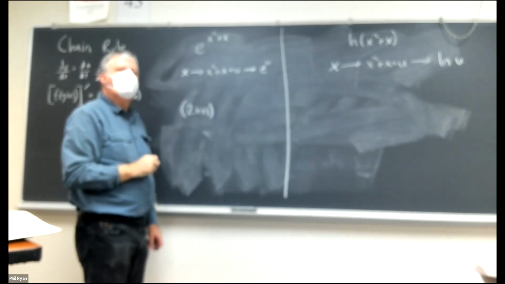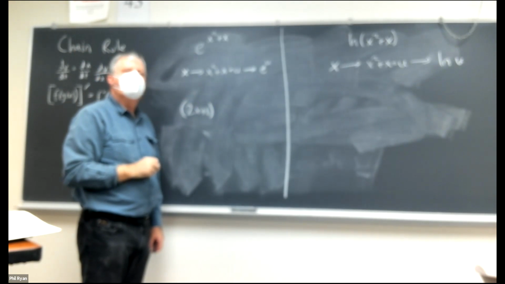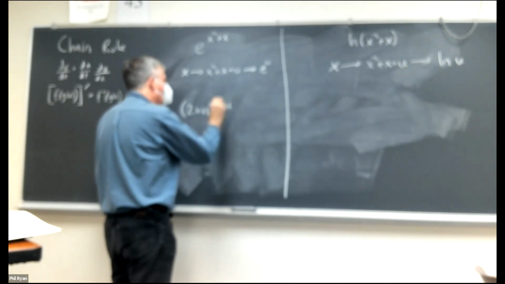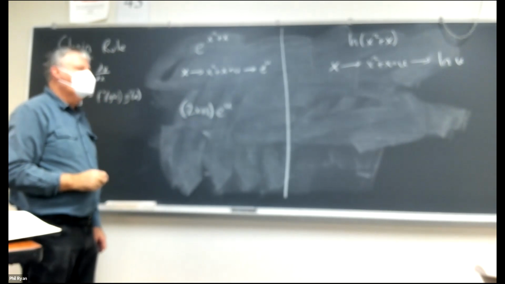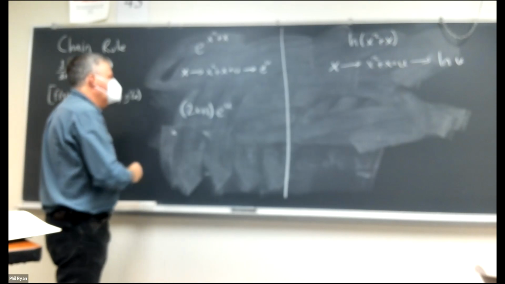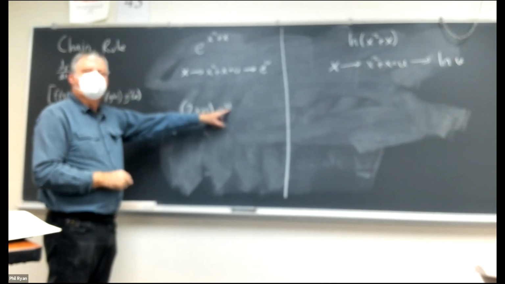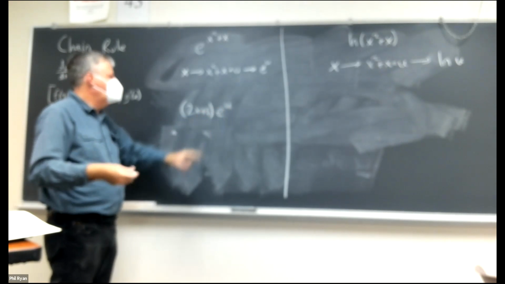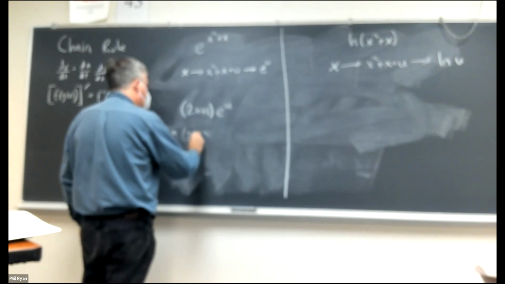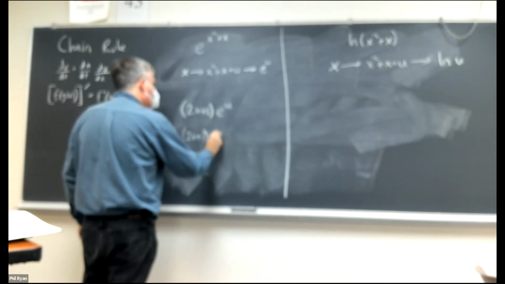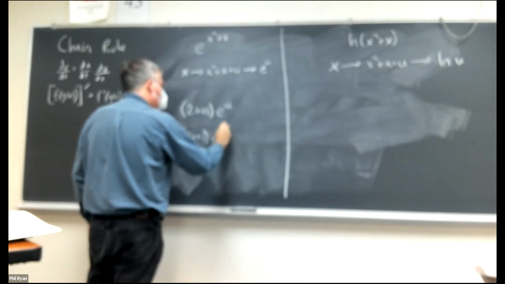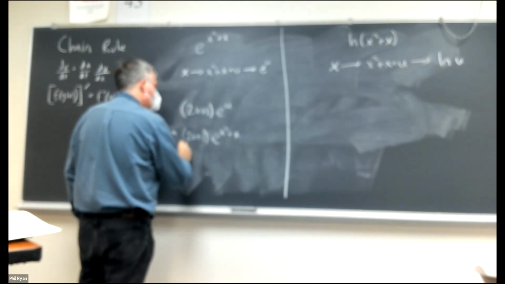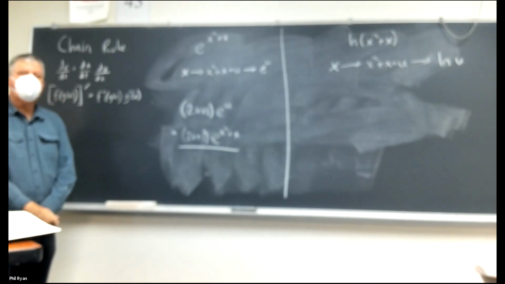The derivative of e to the u? e to the u. We don't want the u because that's just something we use for the chain. So 2x plus 1 times e to the x squared plus x. And we're done.